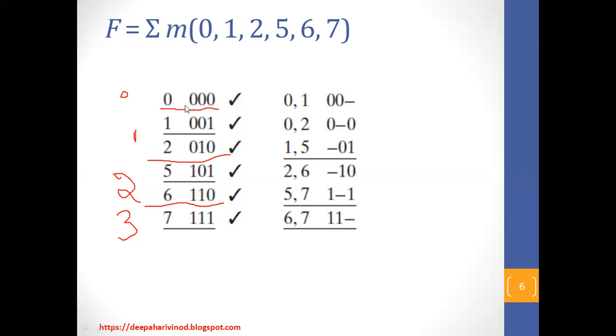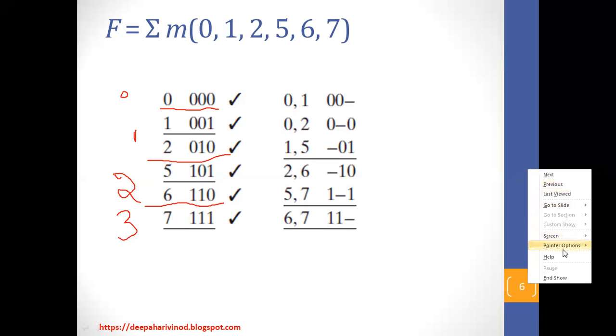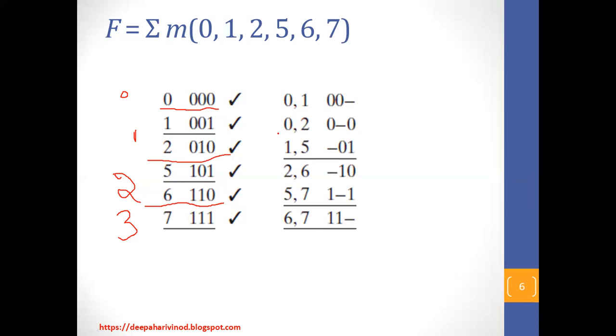And next, compare index 1, it ends here, isn't it? So you cannot compare this with 5. So I have to mark a line over there. Here it finishes. Now again, index 1 should be compared with 2.